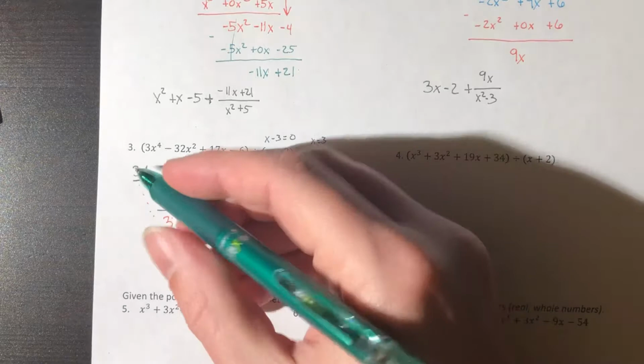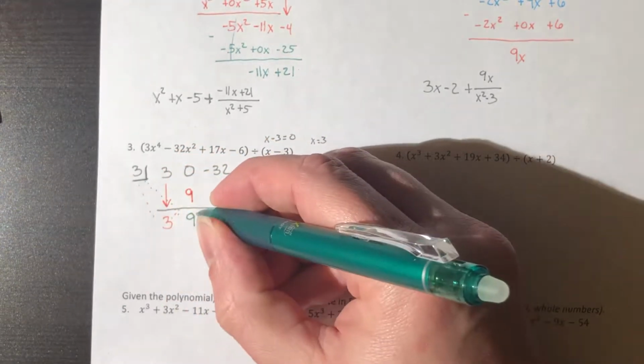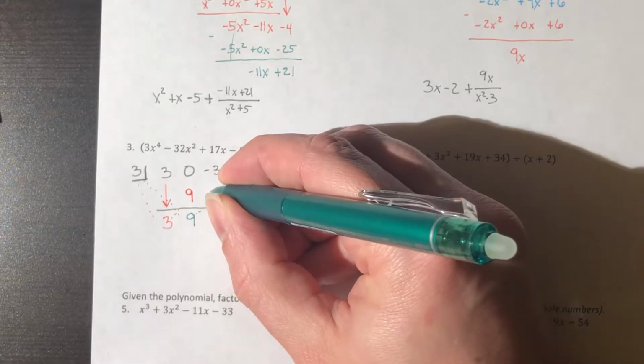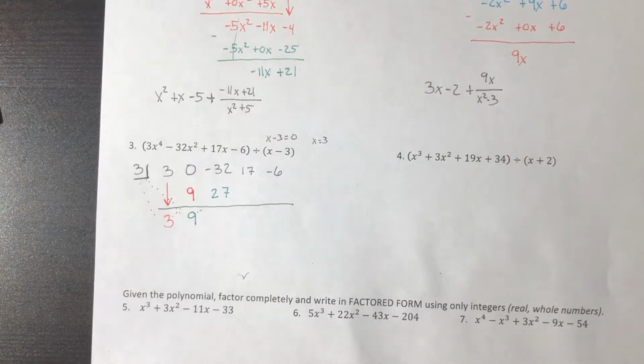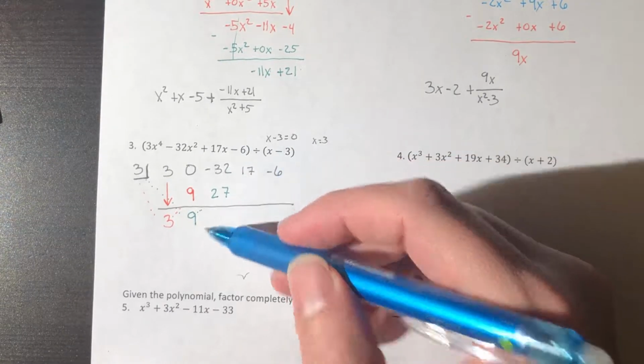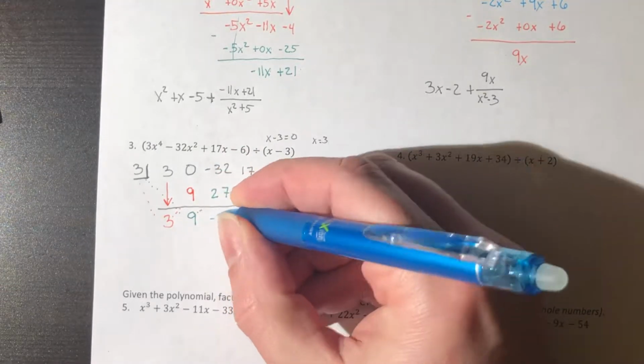And then I go again, multiplying 3 times 9 to give me 27. And I add negative 32 plus 27 is negative 5, because of the negative.